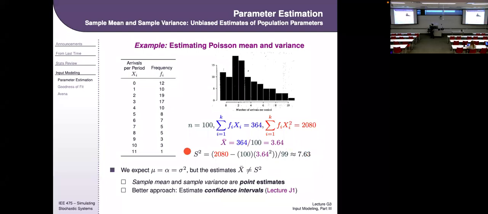But this sample variance is much different than this sample mean. That goes to show that when we talk about sample means and variances, there's a confidence interval hidden in there. Once we start talking about confidence intervals, we'd see that if we put a confidence interval around the sample variance and around the sample mean, those confidence intervals would overlap, and the values that overlap would probably be the true values for both of those.